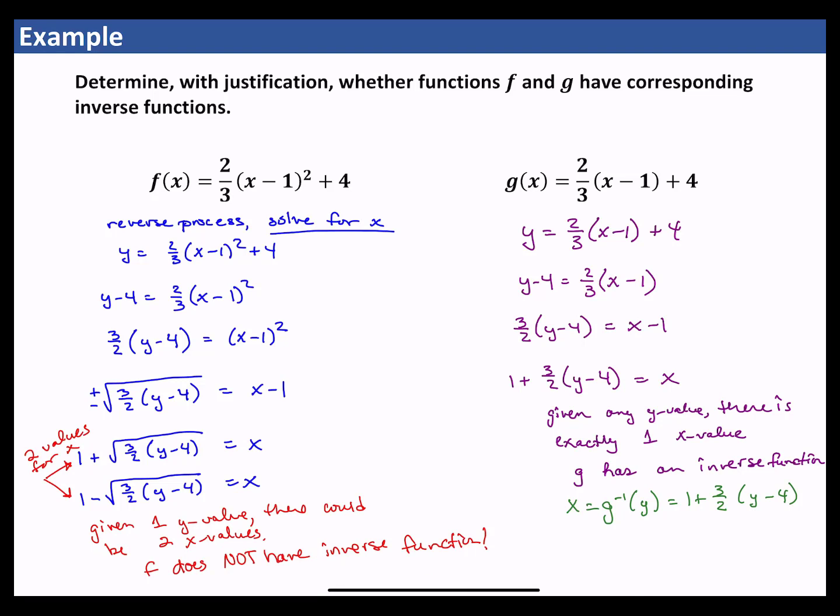We know that if y equals g of x and g has an inverse, then we can write x equals g inverse of y. By solving for x immediately, rather than switching x and y, we were able to find a new formula for x, where x is now the output and y is the input. Exactly what we wanted to find for an inverse function.